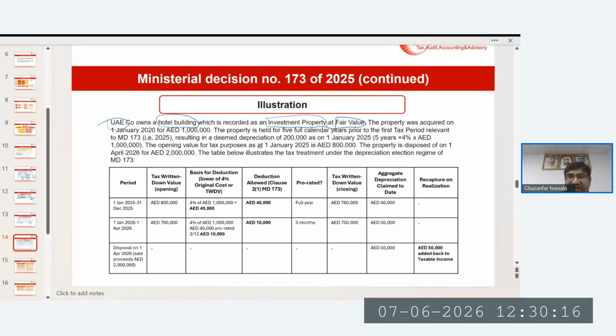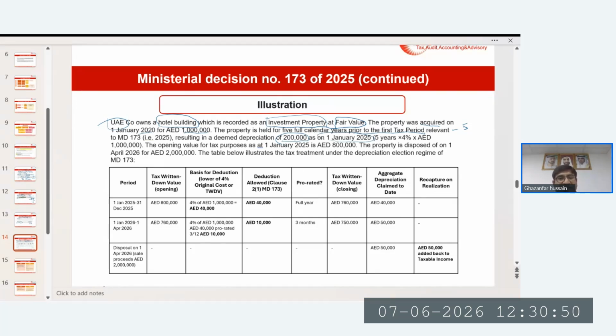The property was acquired, the property is purchased on 1st January 2020 at 1 million. The property is held for 5 full calendar years prior to the first tax period, as per Ministerial Decision 173, resulting in a deemed depreciation before the first tax period. How? 4% of 1 million, multiplied by 5 years.